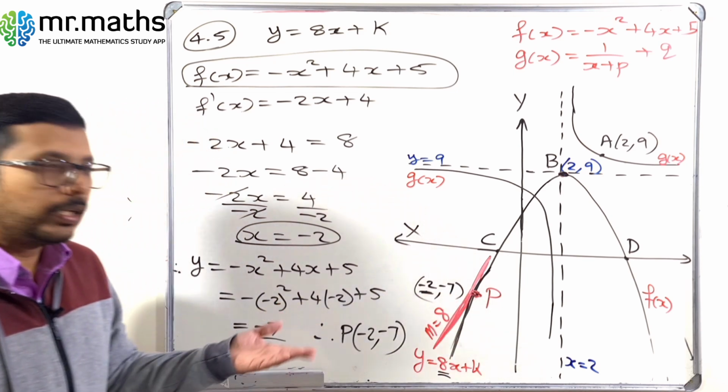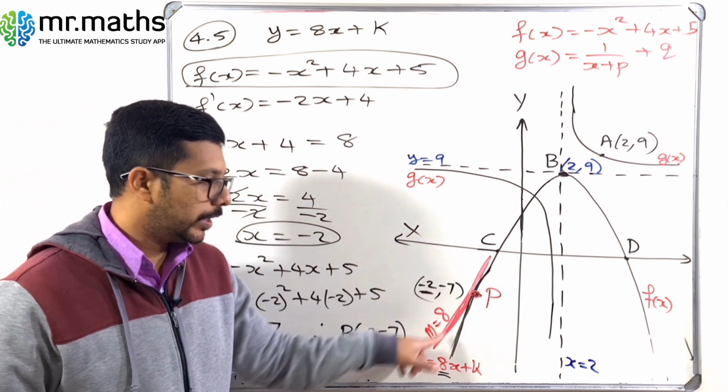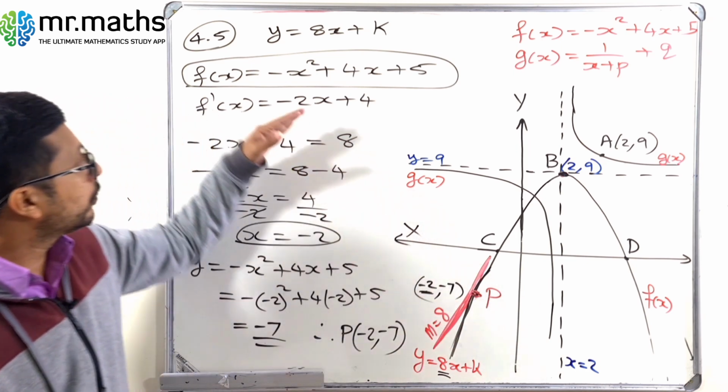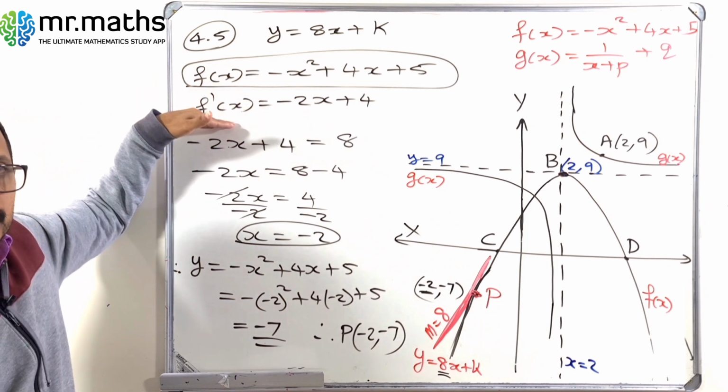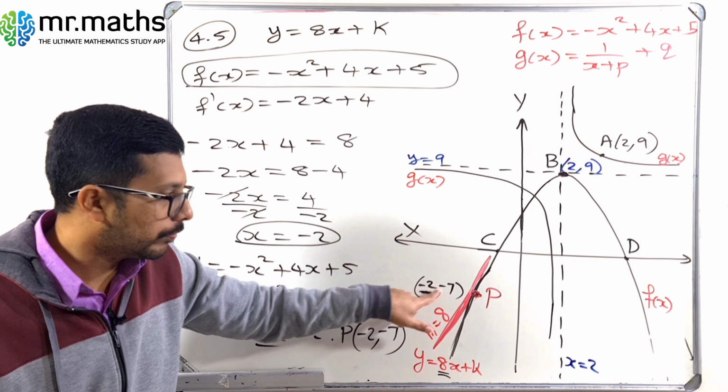So in the calculus method, how can you find the gradient of this tangent at this point? I have to find the derivative of that equation, and in that derivative I am supposed to substitute the x value of this p.